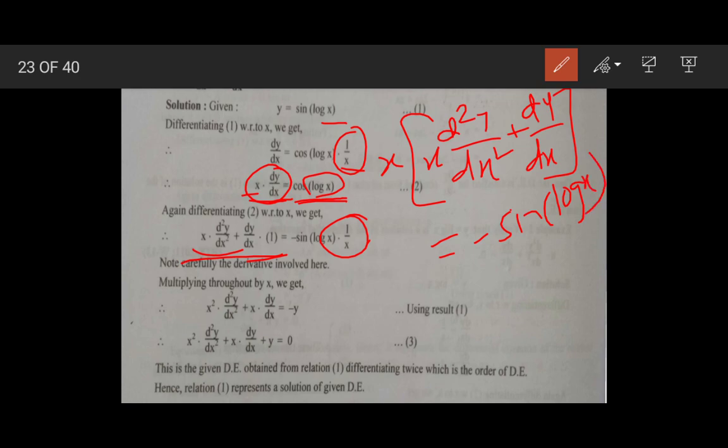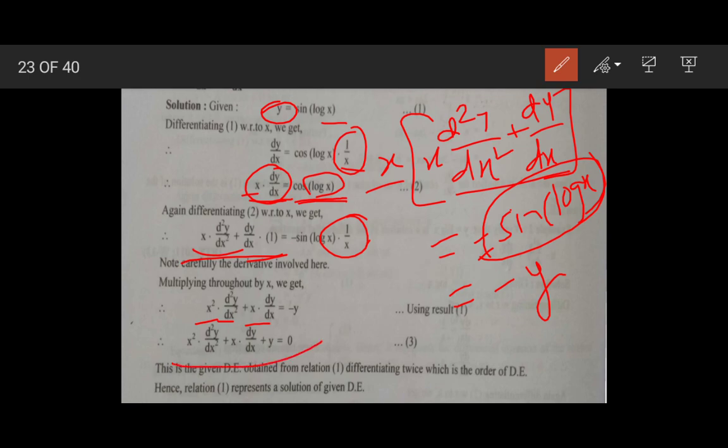Now when we multiply the whole term with x, we get x square d2y upon dx square plus x dy upon dx equal to minus, and this whole term is y. So on the right hand side we get minus y.